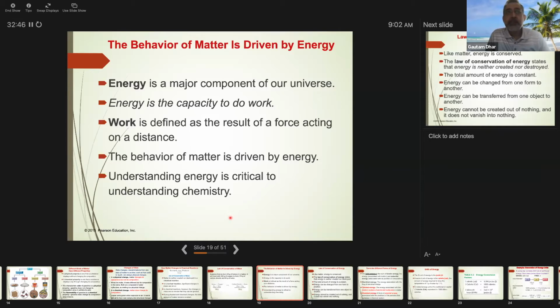Okay, so that's the definition of work. So work is defined as the result of a force acting over a distance. We are pushing a substance a certain distance and you multiply the force by the distance, that's the amount of work you have done.